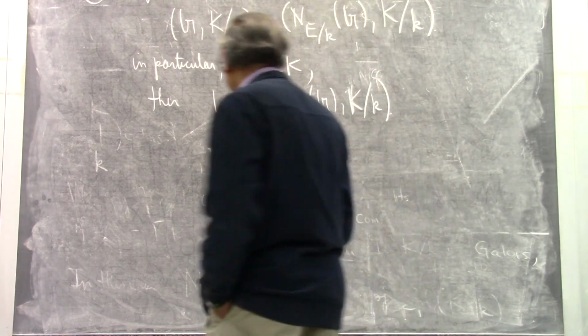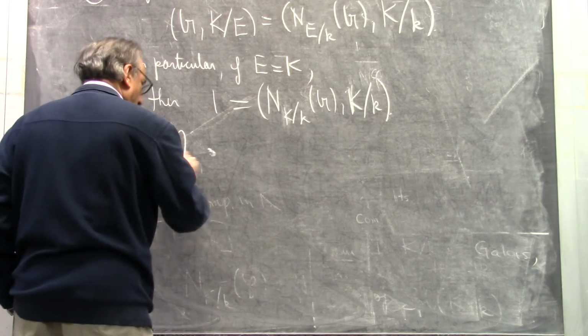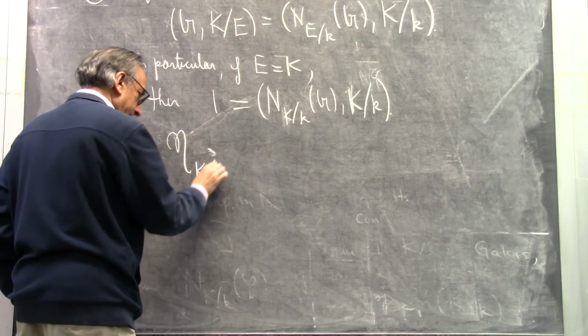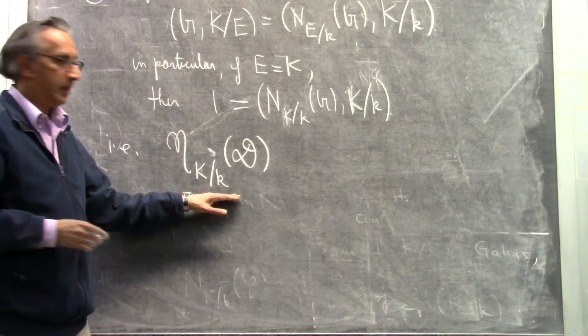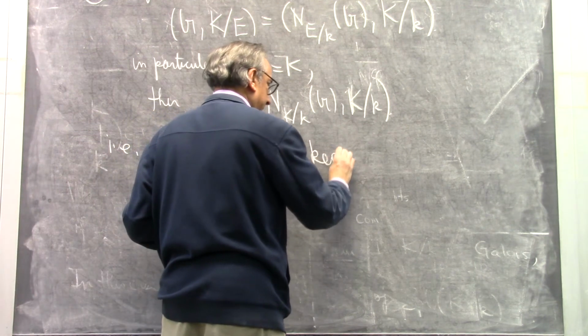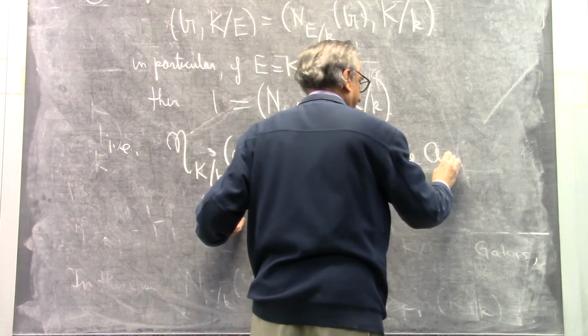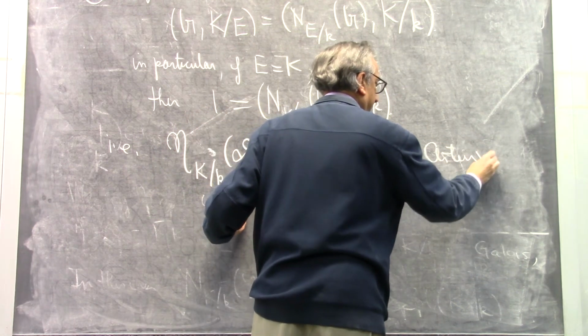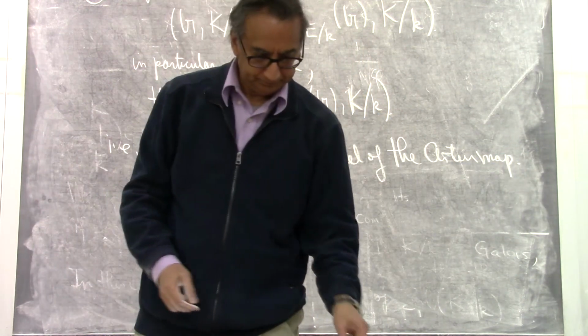So, i.e., with our notation, the norm group from K to k of ideals coprime to the different is contained in the kernel of the Artin map. Okay.